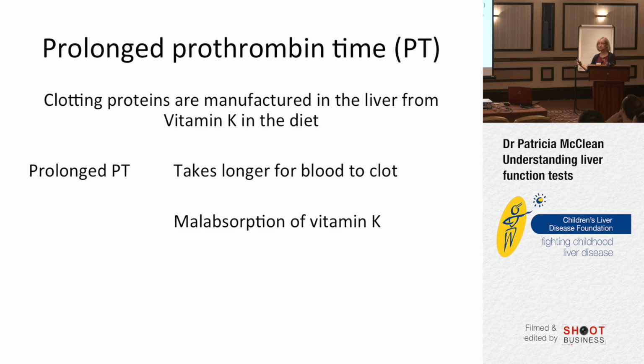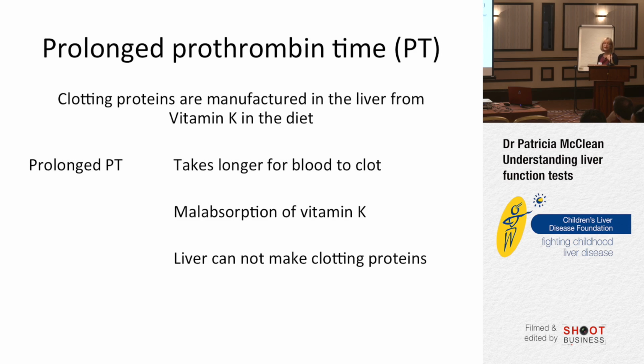I have seen a child go from a prothrombin time of about 120 seconds due to just malabsorption of vitamin K completely back to normal within a few hours, just because they hadn't enough vitamin K in their system.